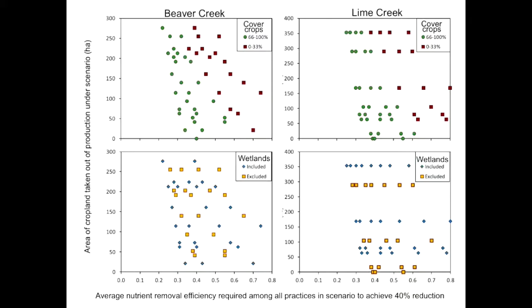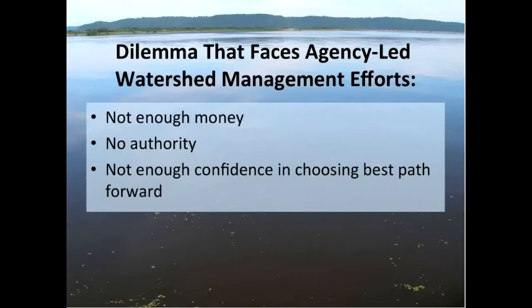And so just to give you an idea here, the top of the scale is around 7 or 8% of the total cropland area in the watershed. And we do have combinations of practices down here that only take 2 or 3% of the watershed out of production, but have nutrient removal efficiencies that are within the range that we see in our practices.